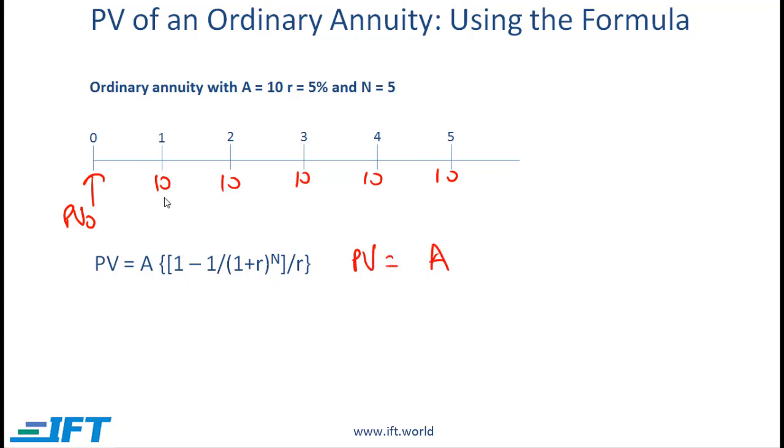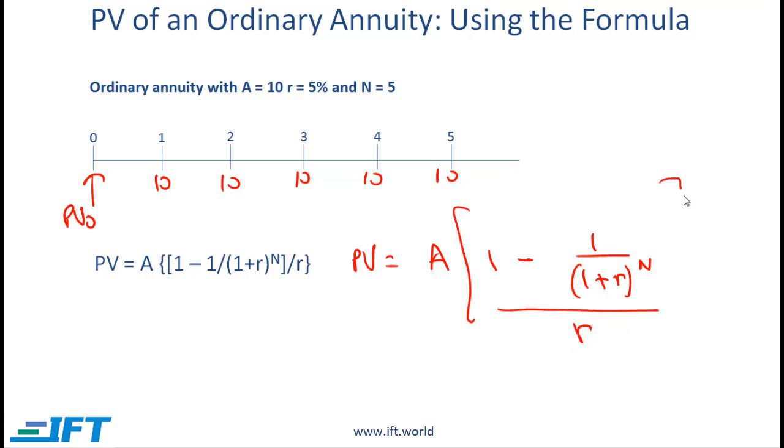So A is the annuity amount, which is 10, multiplied by 1 minus 1 over 1 plus r to the power of n. R is the interest rate in decimal. n is the number of periods, which in this case is 5, and then we take this entire amount and divide by the interest rate.